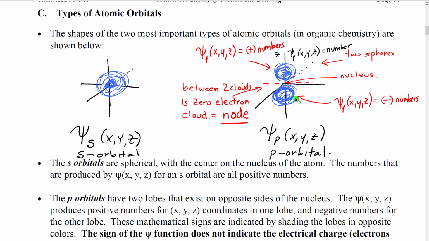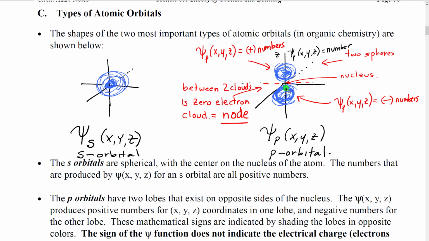In contrast, the p orbital has a really interesting shape that initially can be kind of confusing. When we plot this, what we end up with is 2 roughly spherical shapes that exist above and below, or left and right, or in front and back. They exist along one of the XYZ axes.